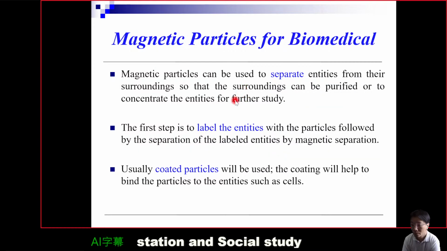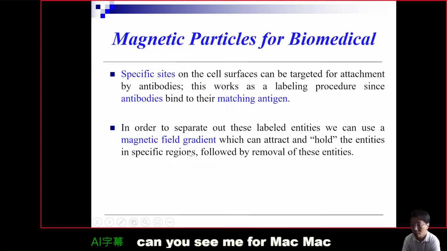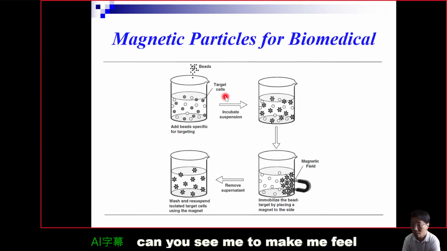And when you make this kind of magnetic particle, you can separate it by using an external magnetic field. So it would look like these figures. There are many kinds of entities. Then you can put some magnetic beads inside this solvent. Of course, these beads are already modified.